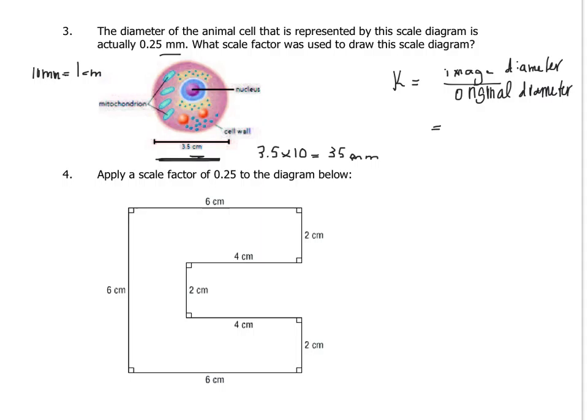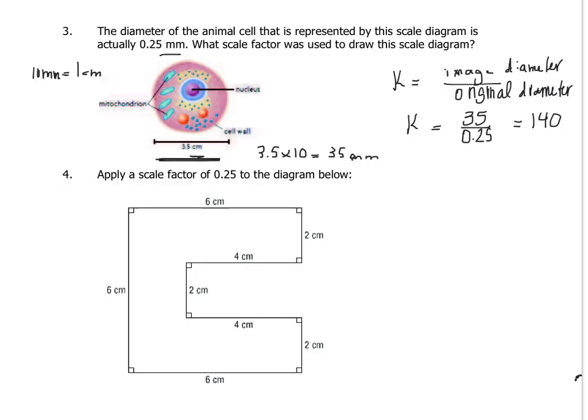In this case, the image diameter is 35, and the original was 0.25 millimeters. So 35 divided by 0.25 is 140, a scale factor of 140. And that makes sense because that would be an enlargement.